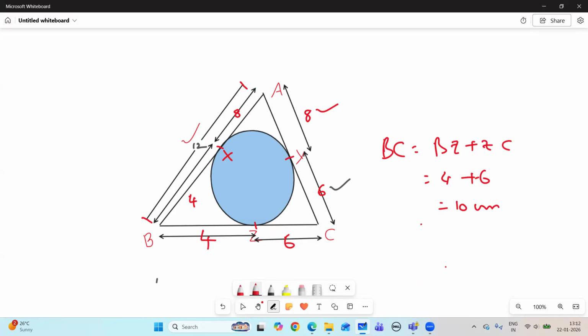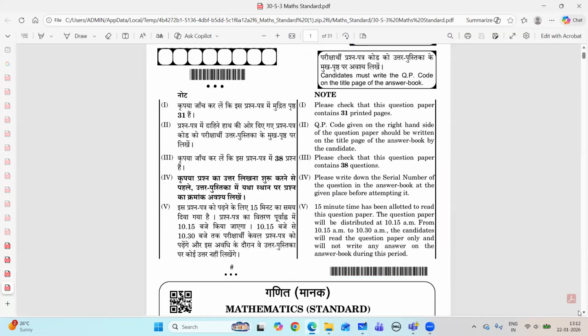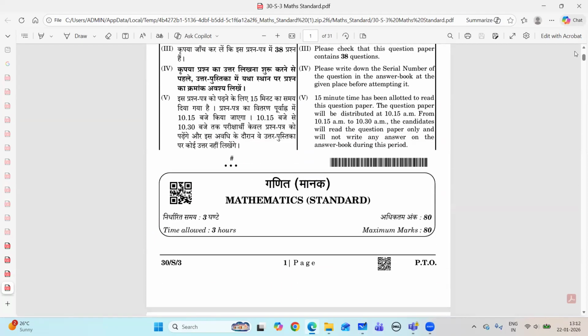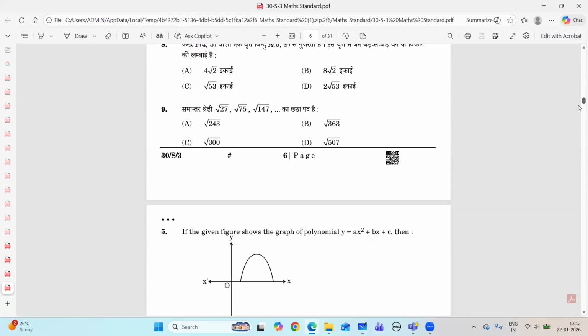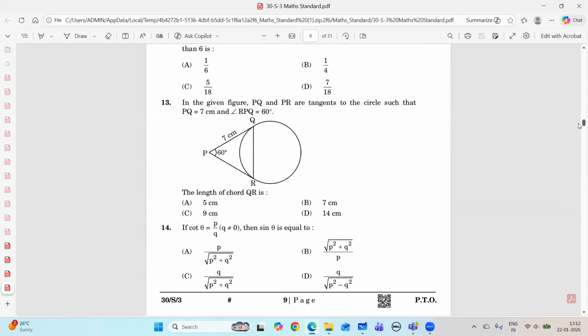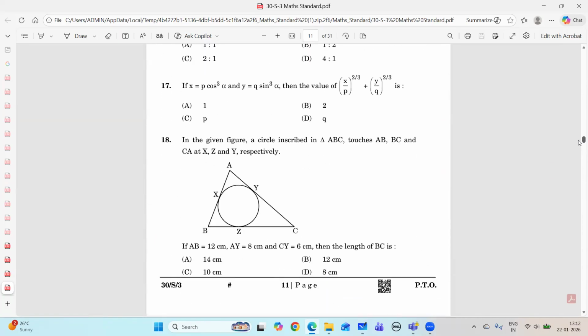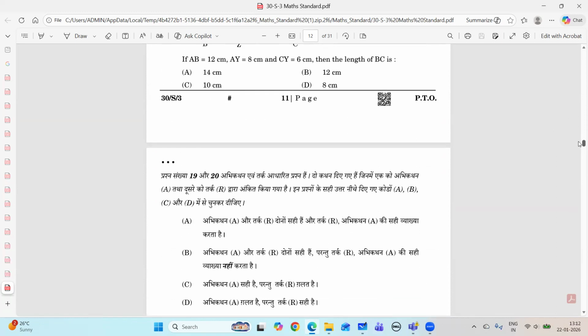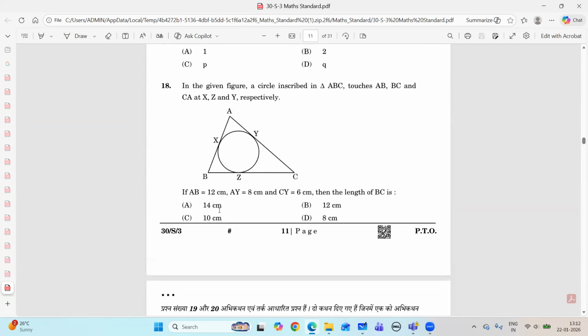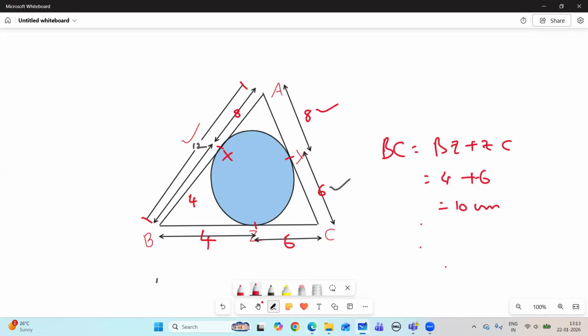What is the correct choice? The correct choice is C, so the answer is C.